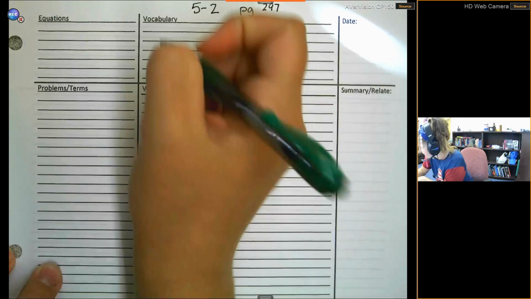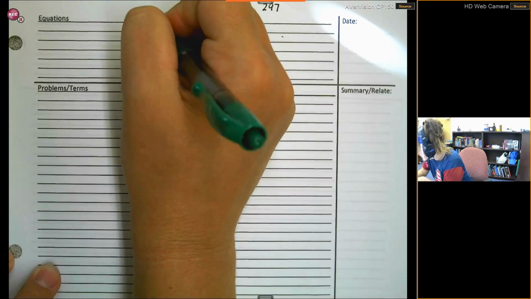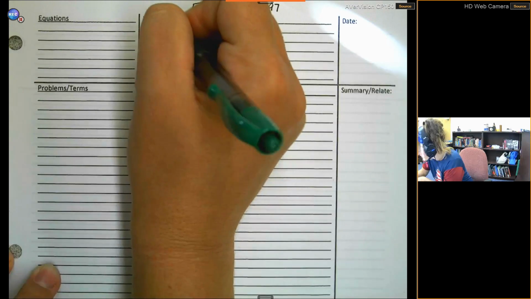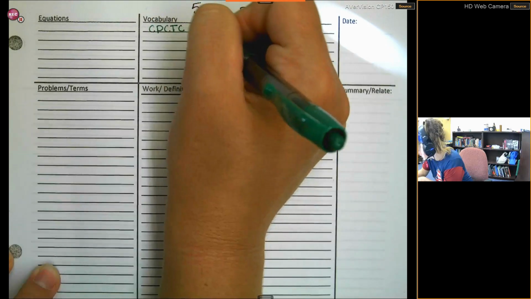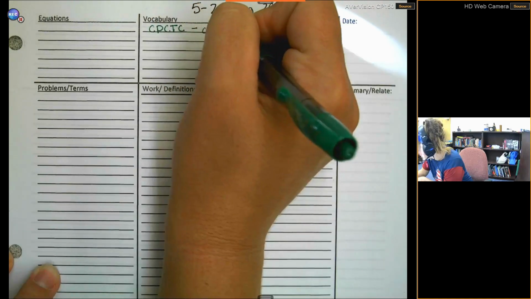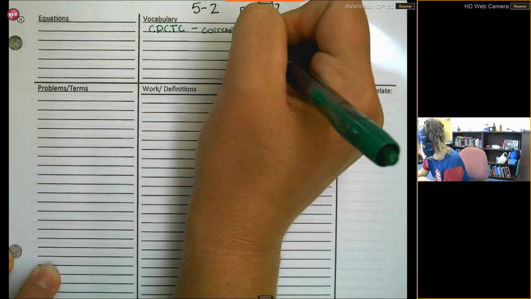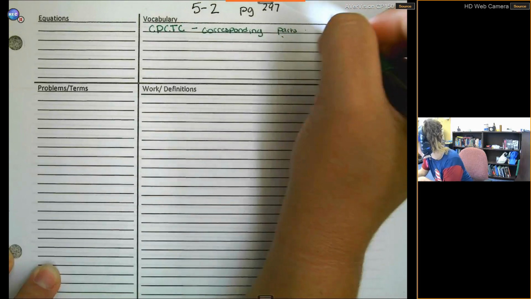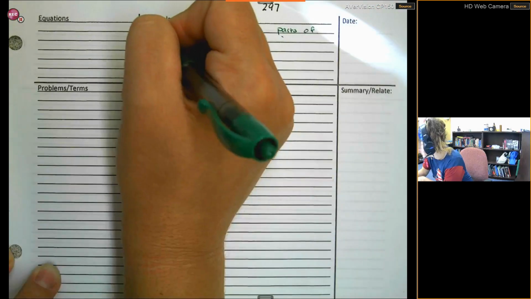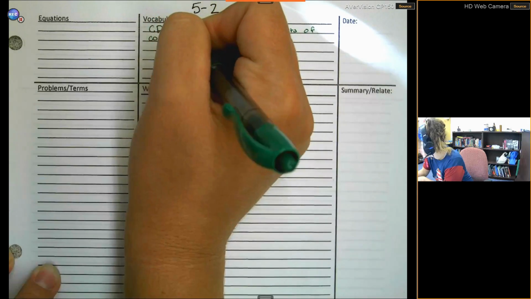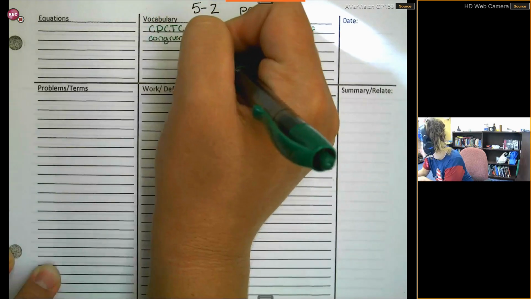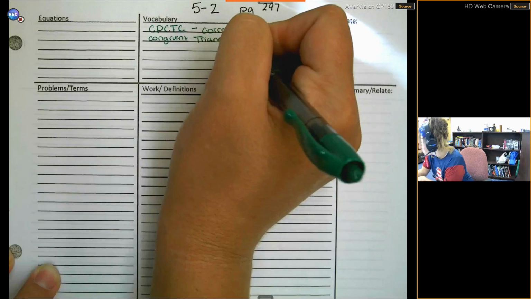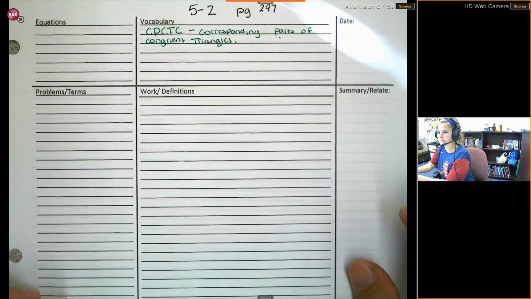And in green, I'm just going to put that CPCTC just means corresponding parts of congruent triangles. This can be sides or angles.